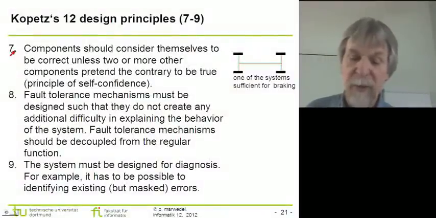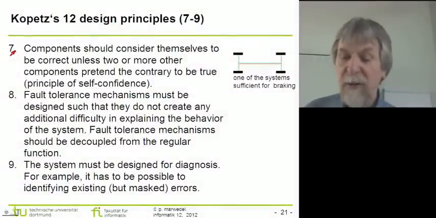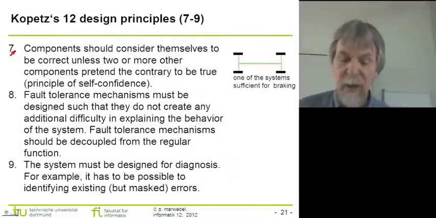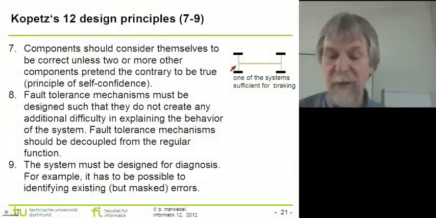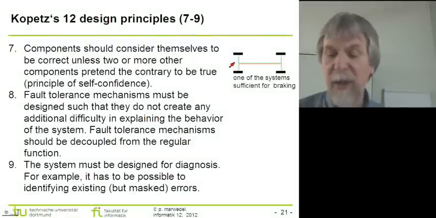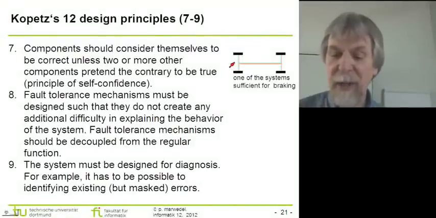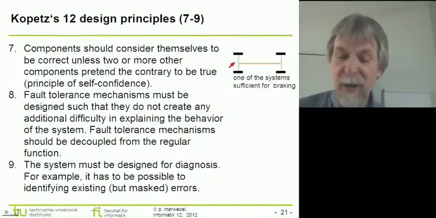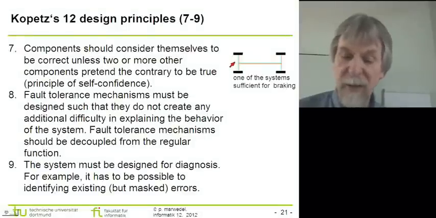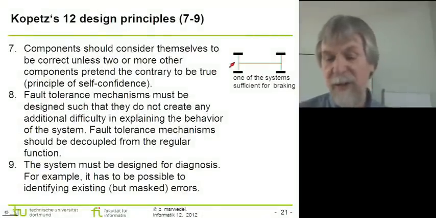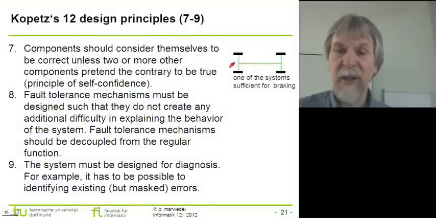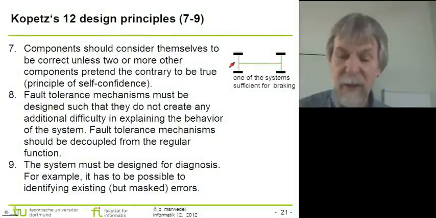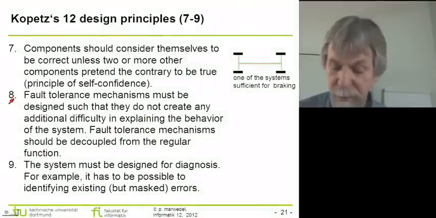That's the so-called principle of self-confidence. So if one of the brake systems is observing that the other brake system is behaving in a different way, it should still not give up unless we have a total of three such systems, and one system observes that the other two, or the majority of the other systems, is taking a different decision. Then the one system might actually give up.